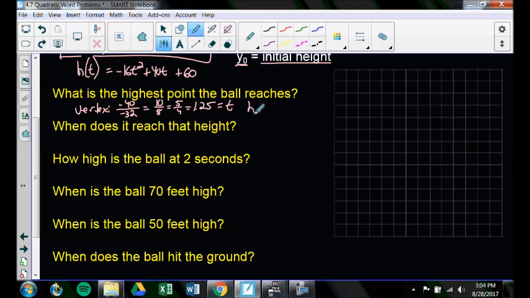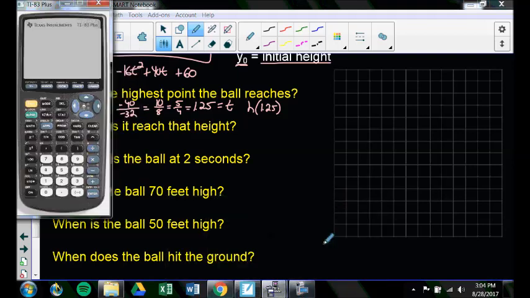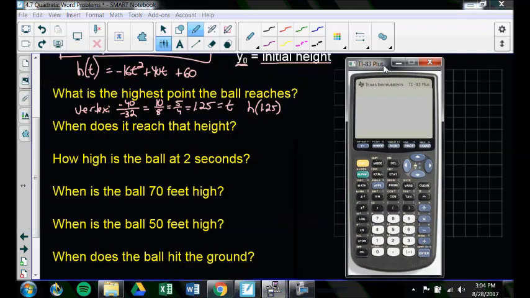We now have to do h of 1.25. So in my calculator, it's negative 16 times 1.25 squared plus 40 times 1.25 plus 60.